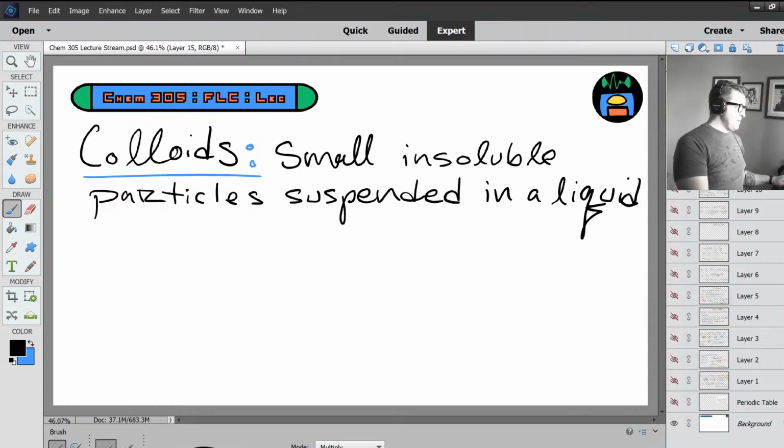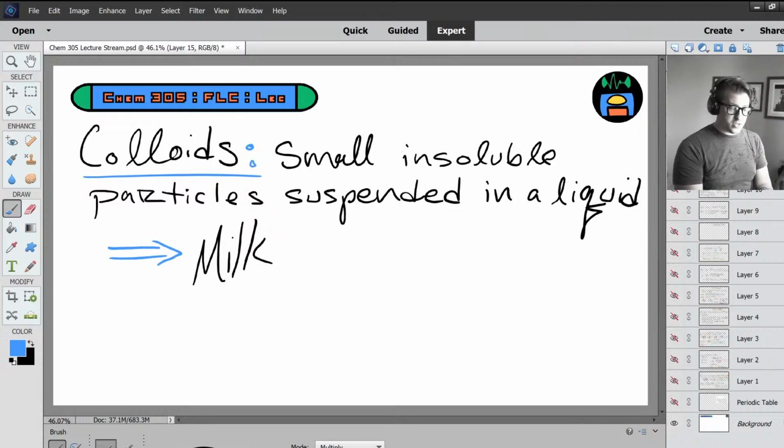It's just small insoluble particles suspended in a liquid. All right, so that's what a colloid is. And an example of a colloid that you all are familiar with is milk.